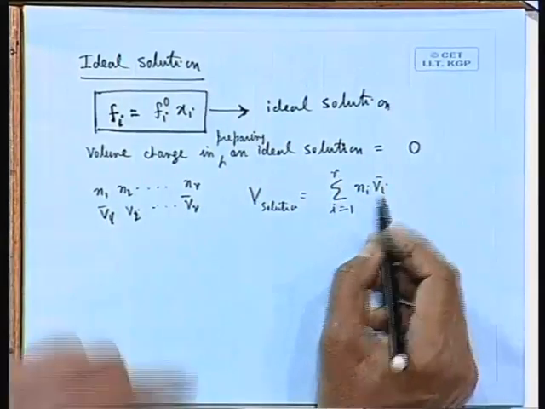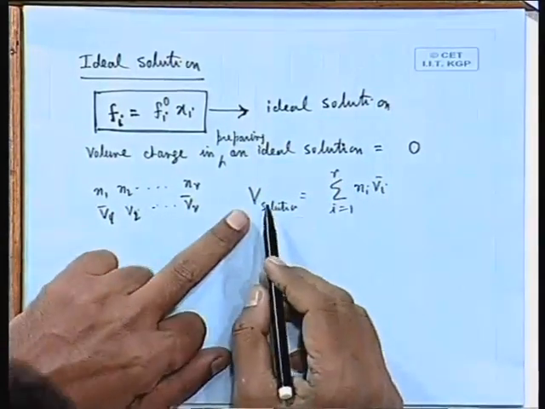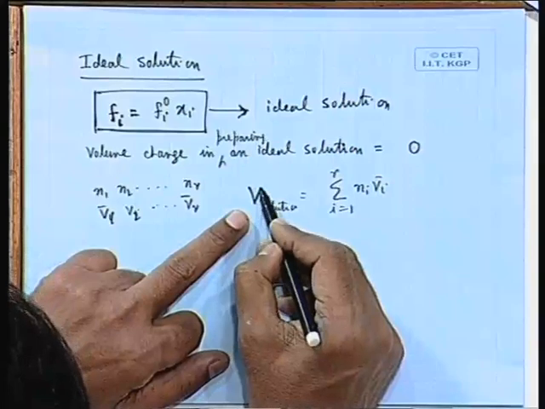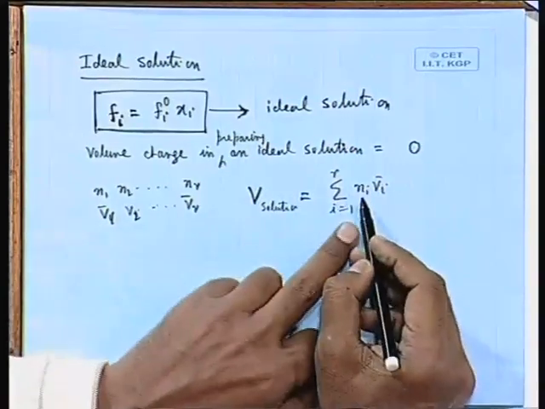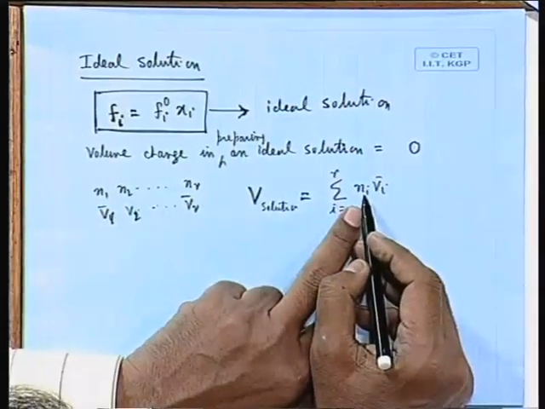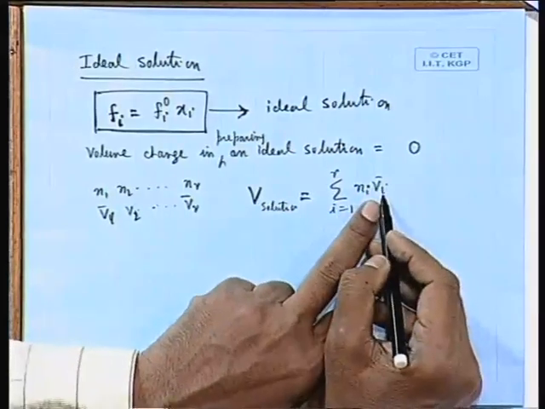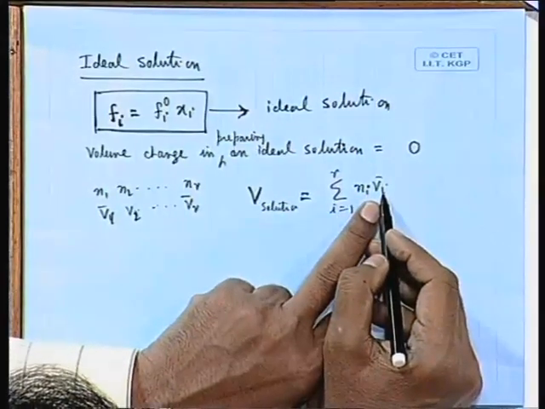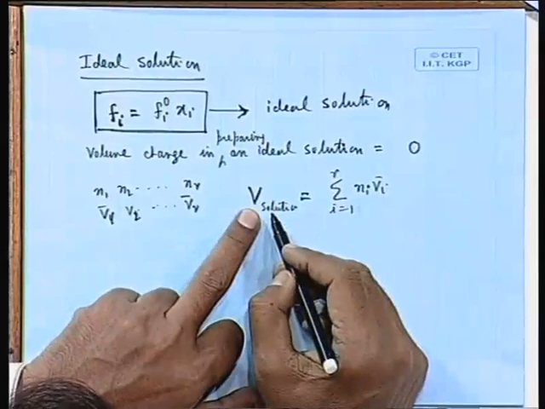We have already discussed that the extensive property of a solution is equal to the sum of the products of the number of moles times the partial molar property, for example volume.